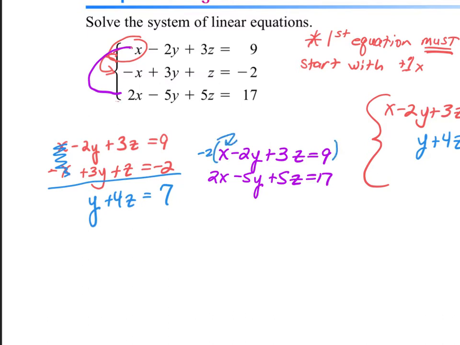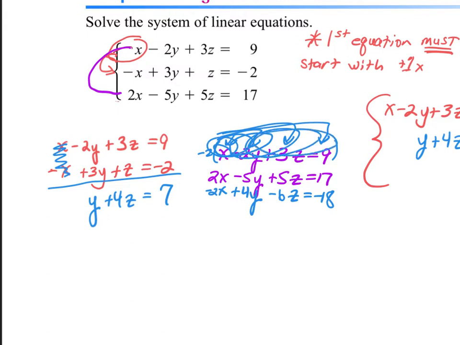So if you need to tell yourself, don't forget to go to every single term, do that. So I have -2x plus 4y minus 6z equals -2 times 9 is -18, okay? This is gone now. So combine. What happens to my x's? They cancel out. I have -5y and a positive 4, so -y minus z equals -1. Agreed?